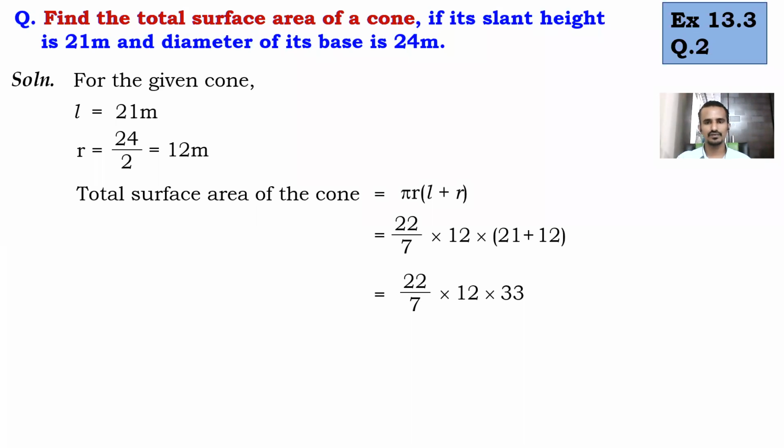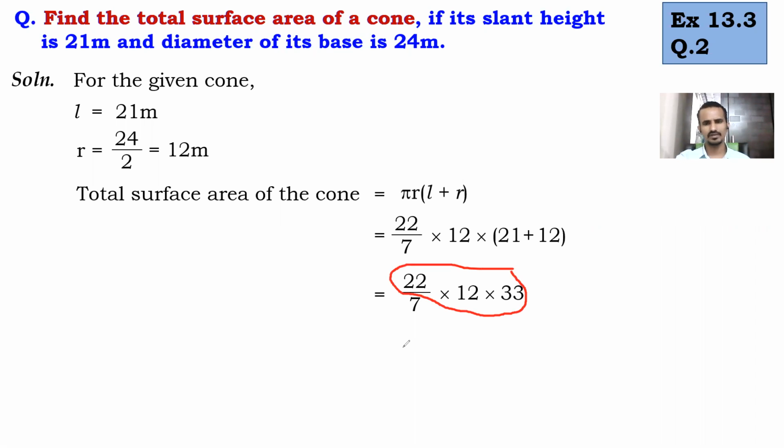Let's multiply this, all of you. 22 into 12 into 33. Either you can multiply these numbers, and whatever answer you get, you divide it by 7.